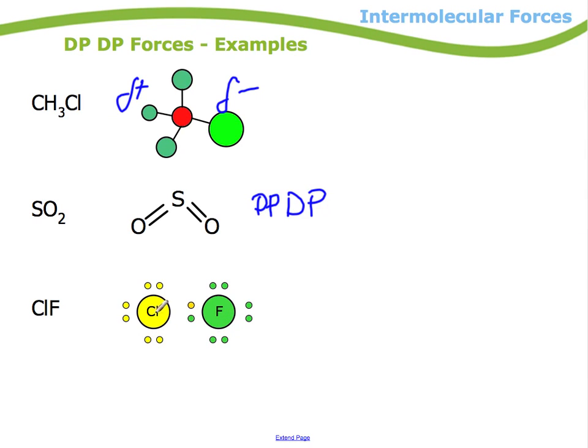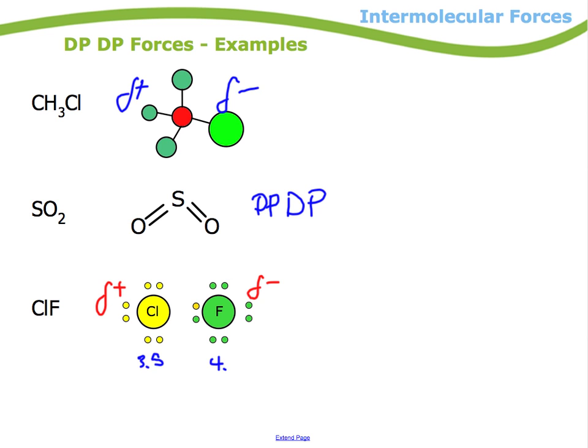Chlorine, I think, for electronegativity is 3.5, and fluorine is top dog at 4. But still, there would be unequal sharing of these middle electrons, and so there'd be a slightly negative charge on this side, slightly positive charge on this side, dipole-dipole forces.